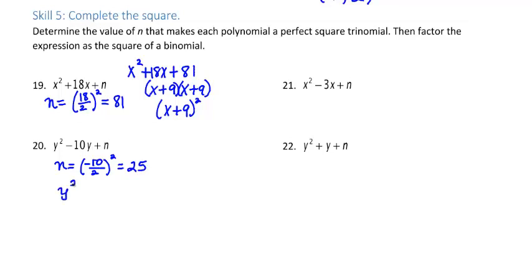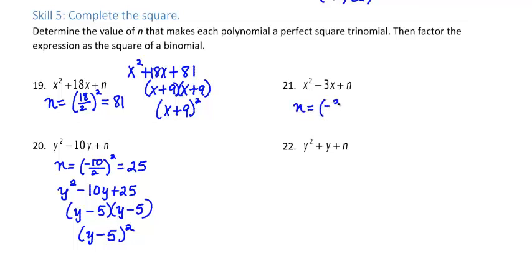Then if we factor y squared minus 10y plus 25, notice that that factors as (y minus 5) times (y minus 5), or (y minus 5) squared. x squared minus 3x plus n, well, n has to be half of negative 3, so negative 3 divided by 2, squared, which is positive 9/4.